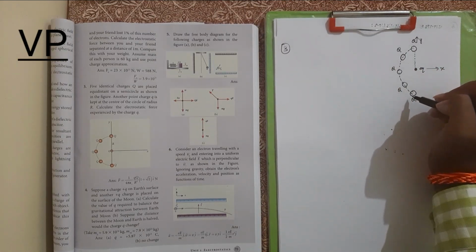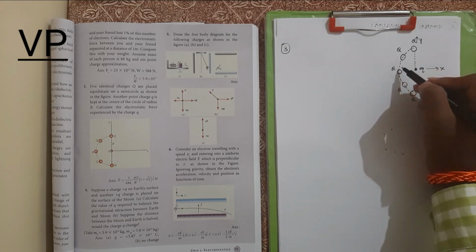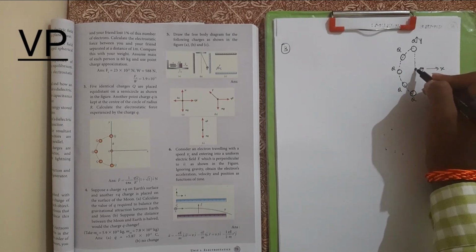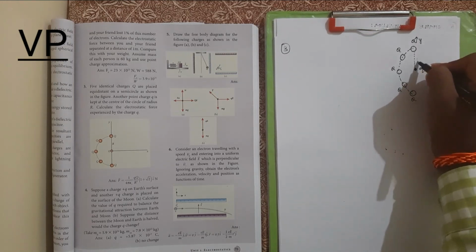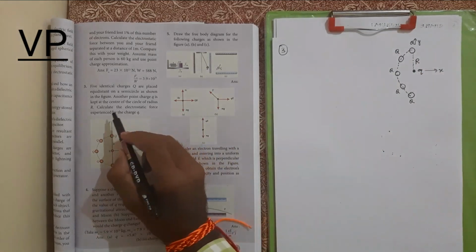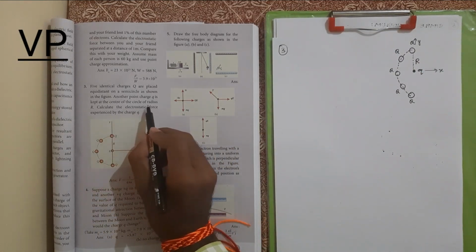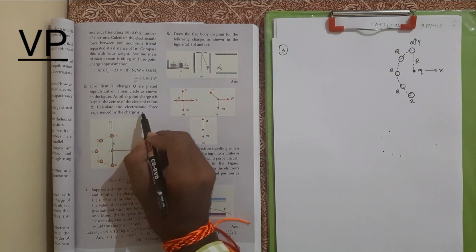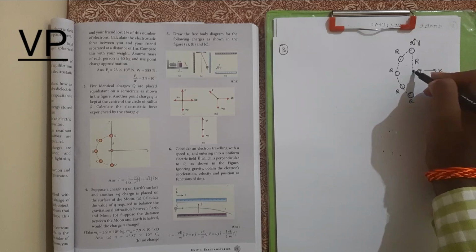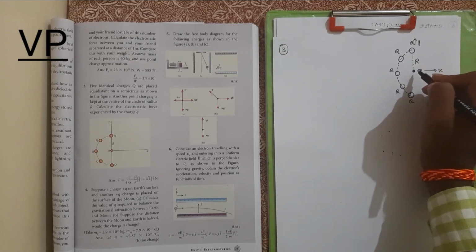There are 5 capital Q charges kept at equidistance on a semicircle, and the small q charge is kept at the center with radius R. And we are asked to calculate the electrostatic force experienced by the charge q. Due to all these capital Q charges, the small q charge experiences an electrostatic force, and we are asked to calculate that force.